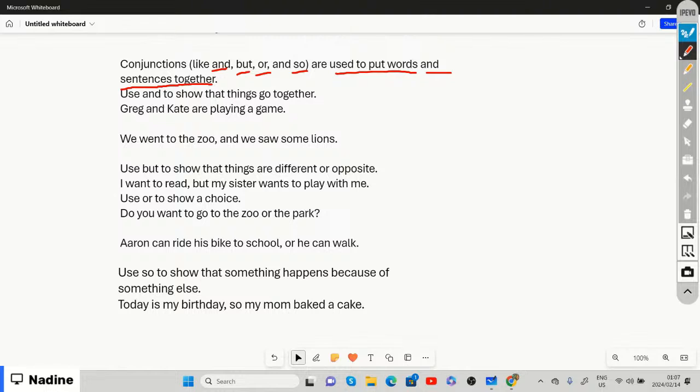But each one of these conjunctions has its own specific meaning or reason for how and when you use it to join words or put sentences together.